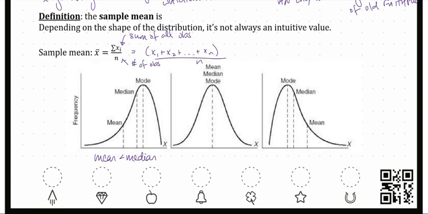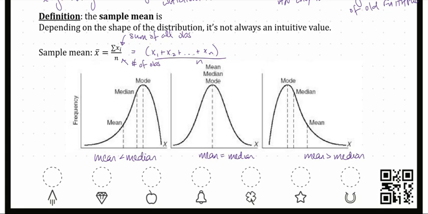If we have a symmetric distribution, the mean is going to be equal to the median. They'll both be right in the middle. The mean is not going to be pulled in either of those directions. If we have a skewed right distribution, the mean will be greater than the median.